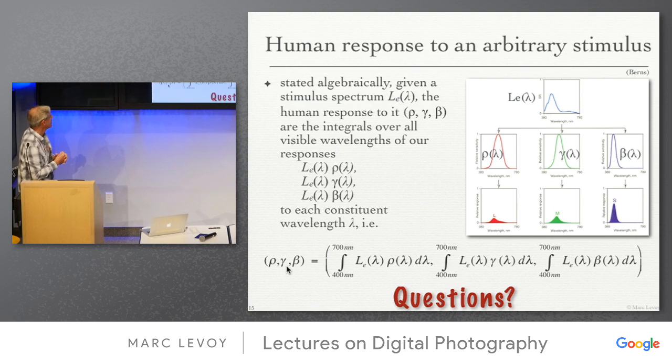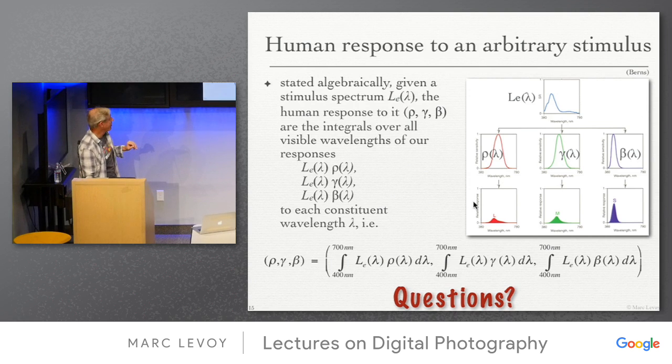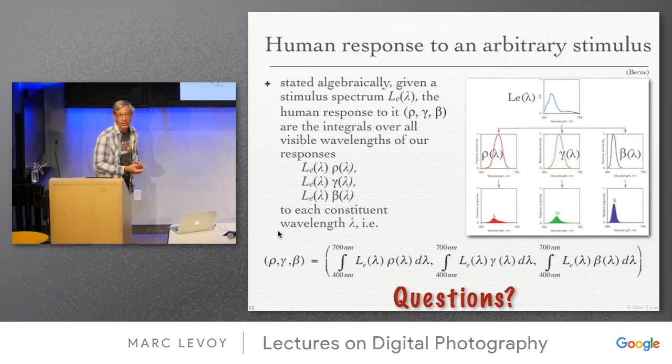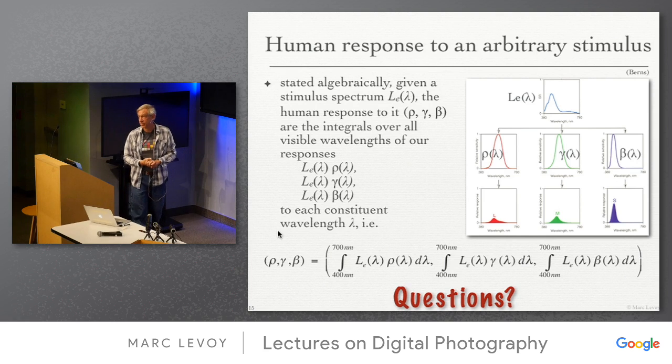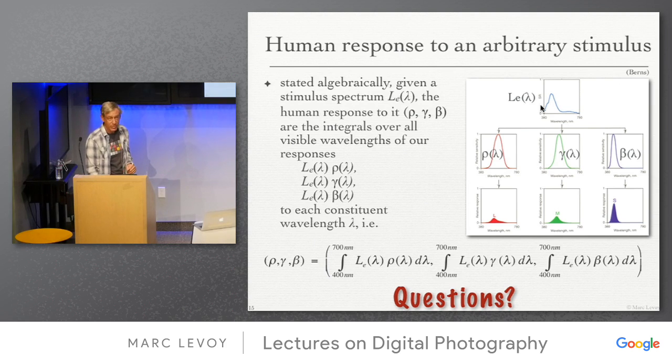Well, let's see. So what you're saying is, can there be spectra that when you plug them through all this will yield the same response? The answer is absolutely yes. And those are called metamers. So we still have metamers. There are an infinite number of those possible confusions of spectral power distributions that yield the same set of 3 numbers.